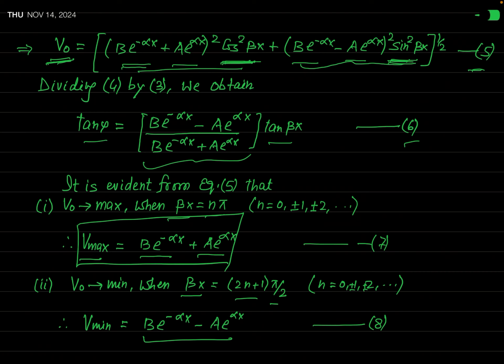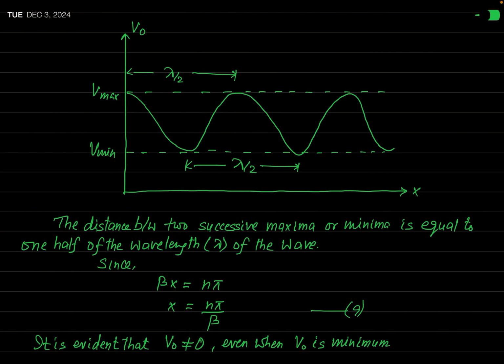When beta x is 2n plus 1 into pi by 2, taking n equal to 0, this will be simply pi by 2. And you know cos pi by 2 is 0, but sin pi by 2 is 1. When you take n equal to 1 or minus 1, in that condition also the value of cos beta x will be 0 and the value of sin square beta x will be 1. So V minimum is equal to this much.